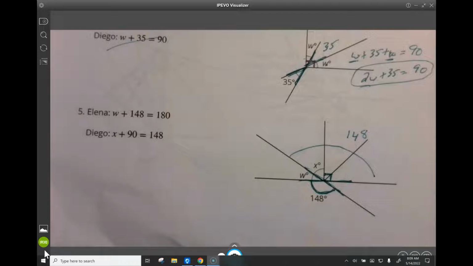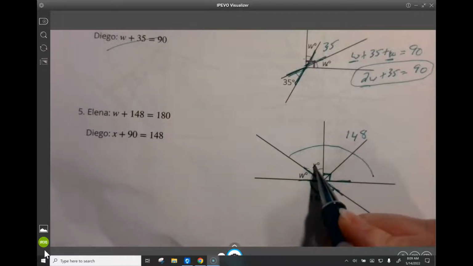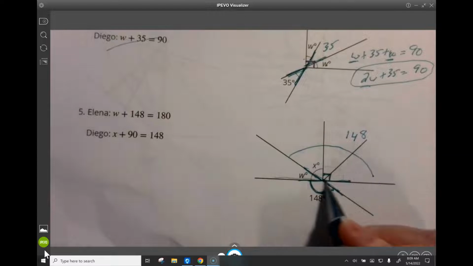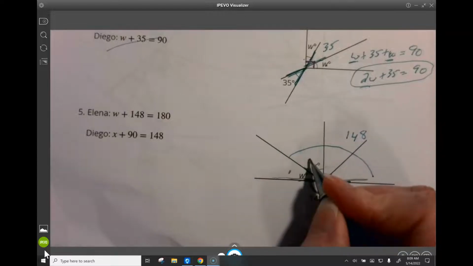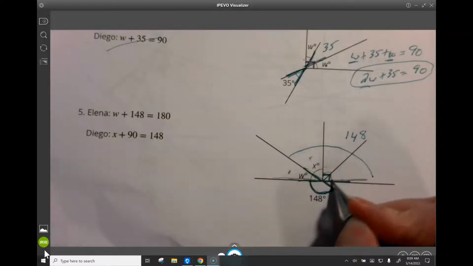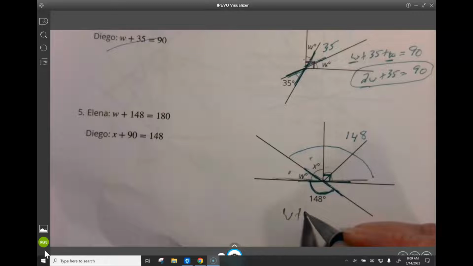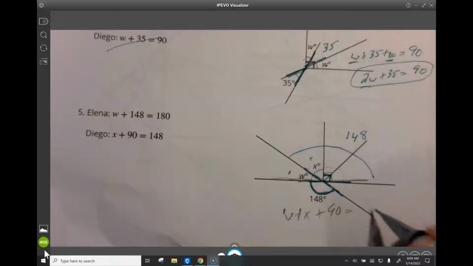So a couple statements we can make here. We can say that w plus x plus 90 is equal to 180.